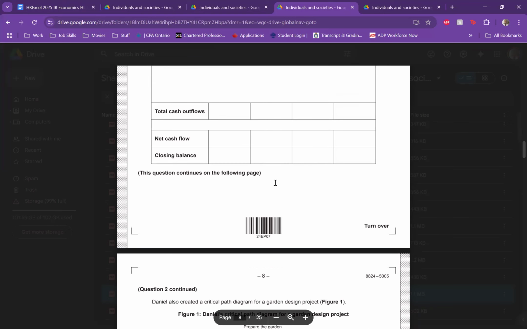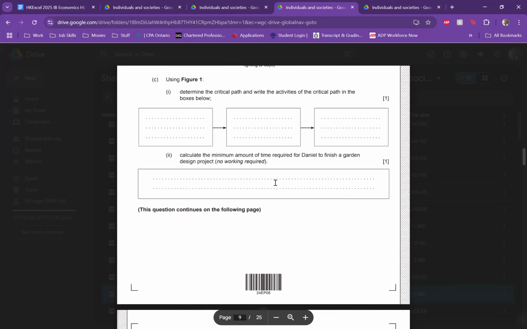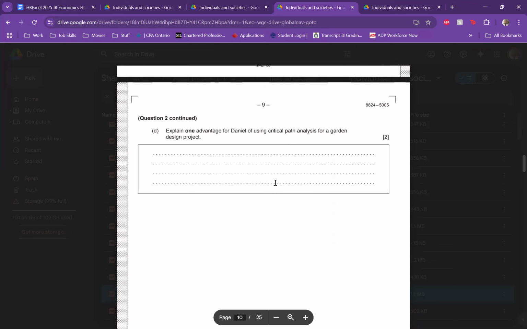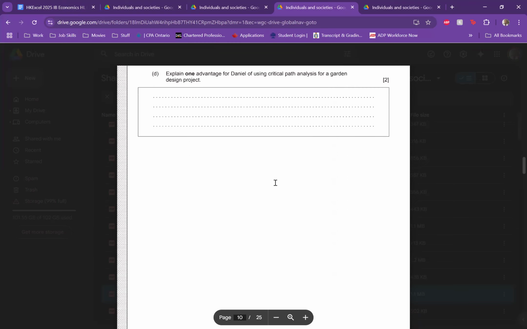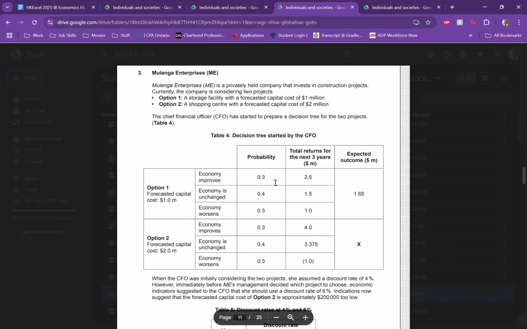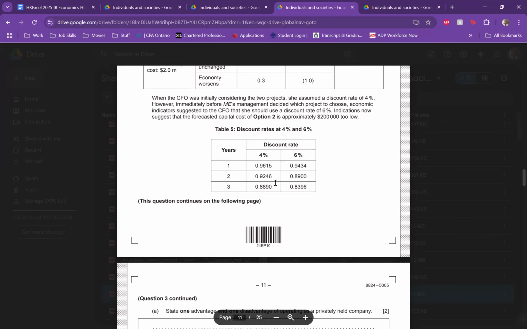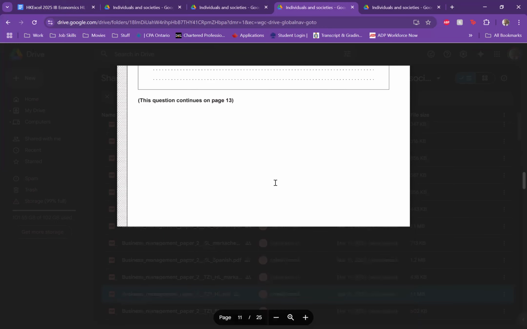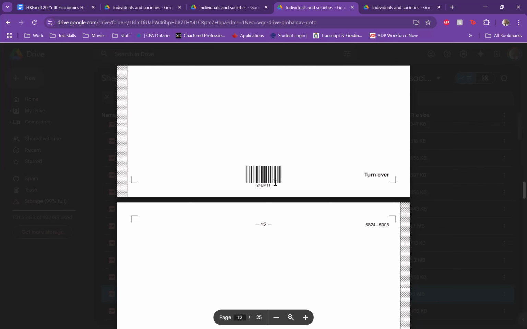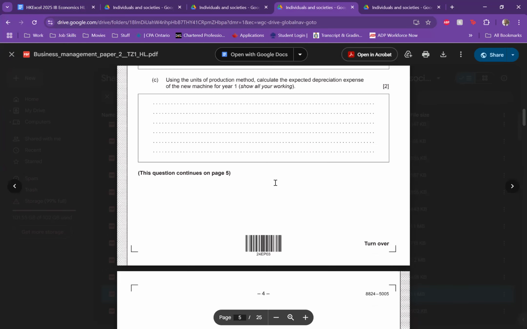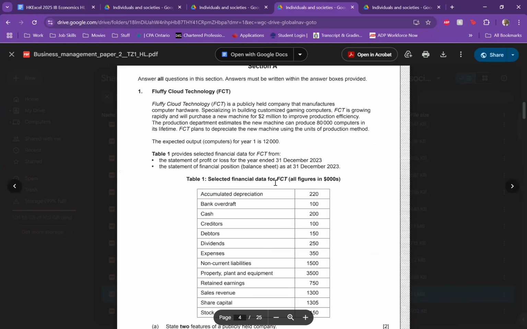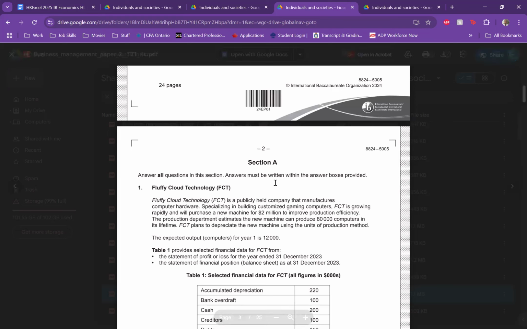This is different from paper twos in the past where you would get only two questions and you would have to only answer one of the two questions. But now, make sure you answer all the questions in section A. Again, before you even start writing, always remember to read this little line at the top.